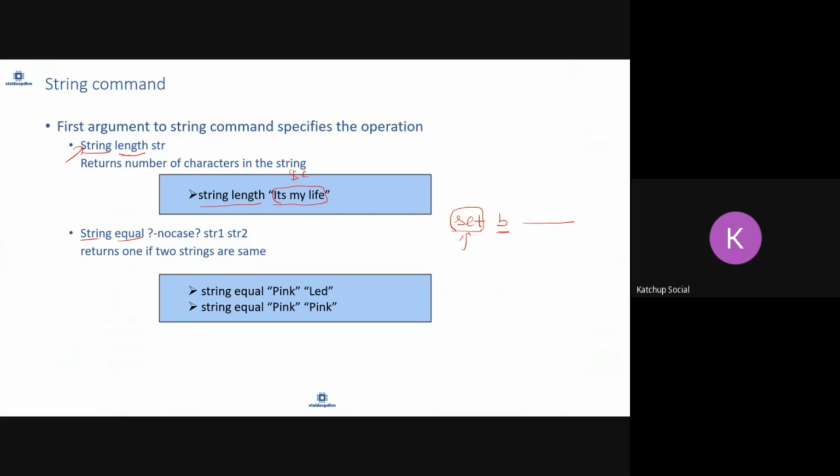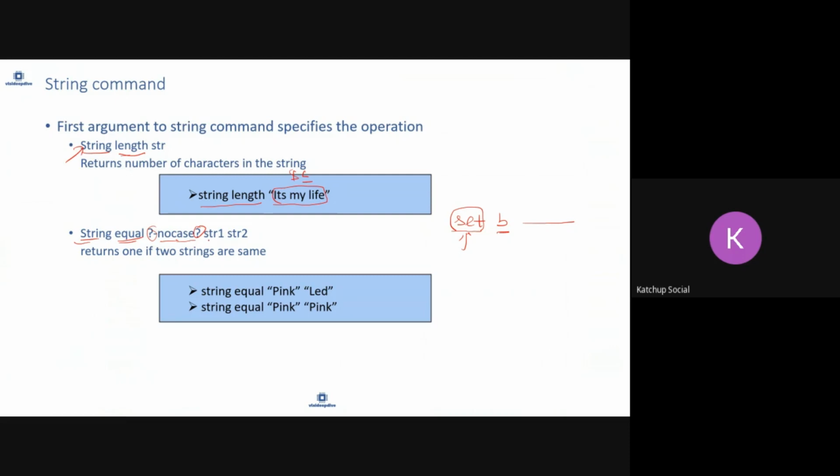Of course, you can use $a, which will do variable substitution. String equal expects whether you want to do a case option. The question marks around it mean it's optional. You can give this option or not. If you give it, the comparison is case insensitive. If you don't give it, it is case sensitive.